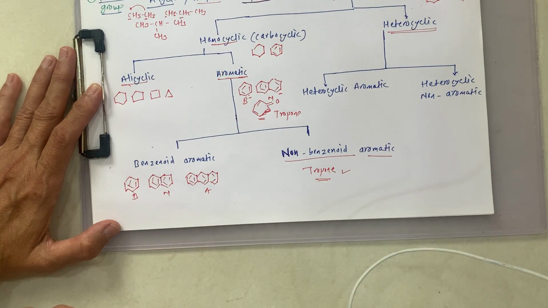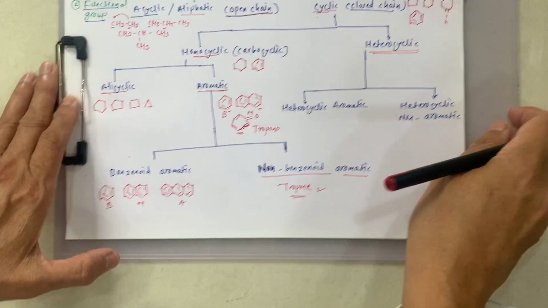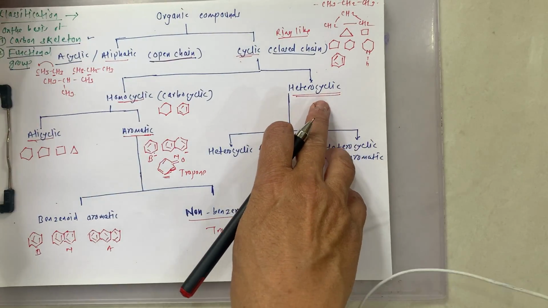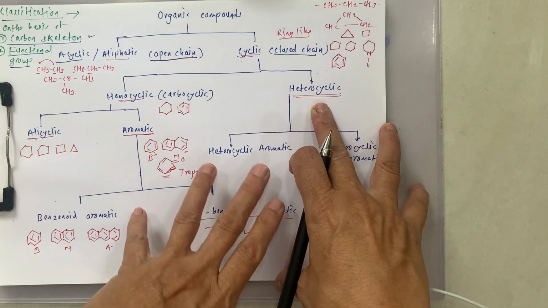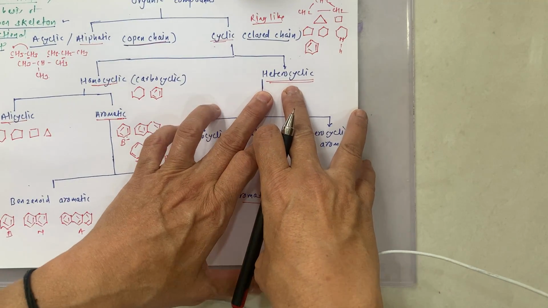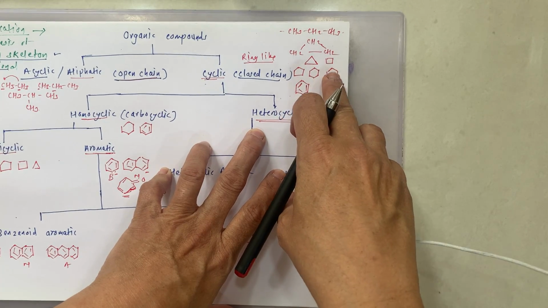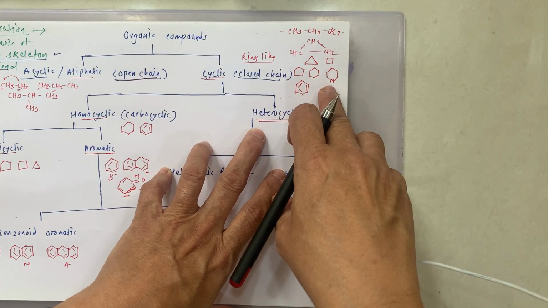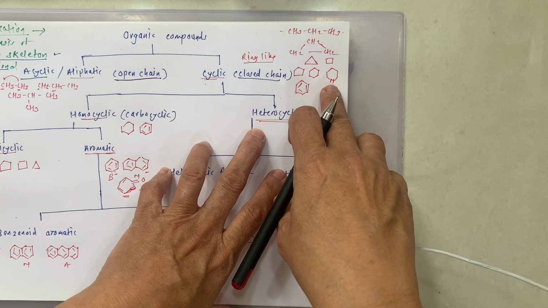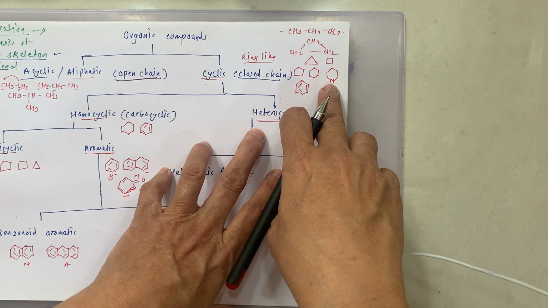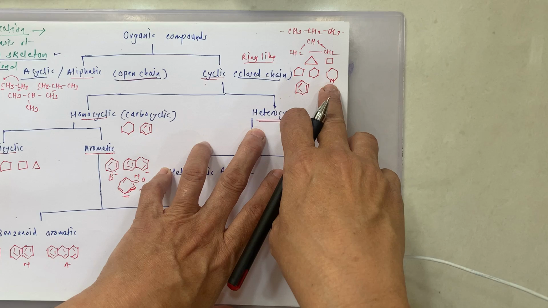Now this is also one of the very important classes, that is heterocyclic. Heterocyclic means there is a chain or a cycle of carbon and hydrogen, and one of the elements is different than carbon.